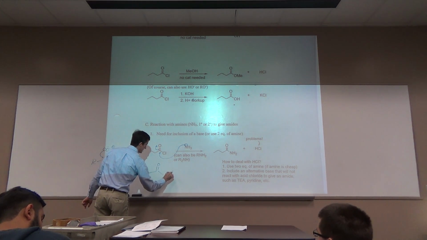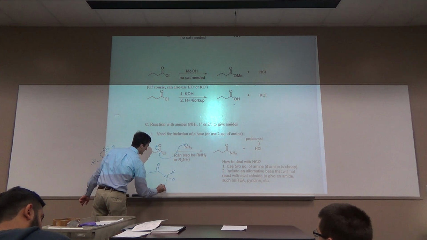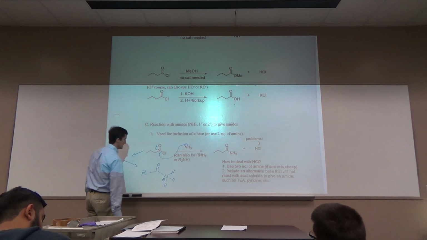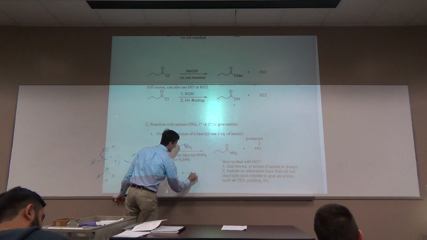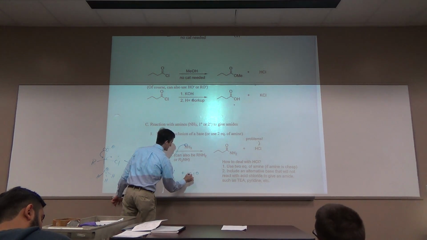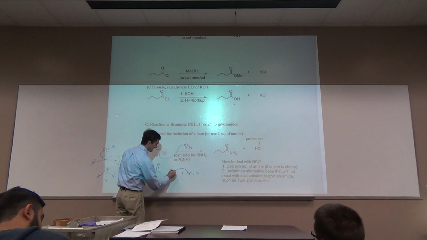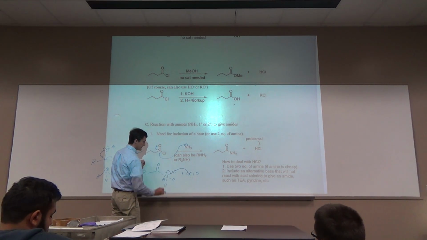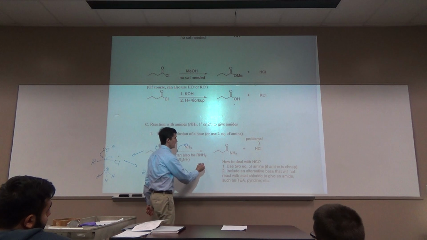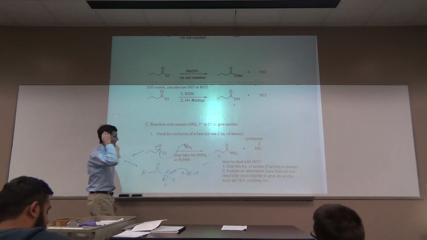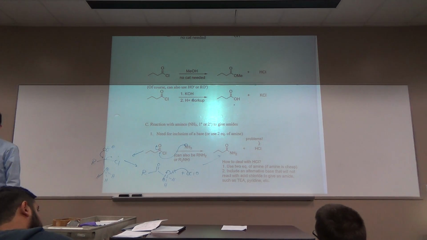Now we have the NH3 plus Cl minus. This needs to lose an H. This can take the H. Leave that behind. What do we get? There you go. That's how you can show products.